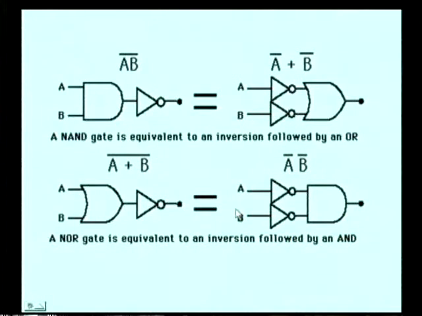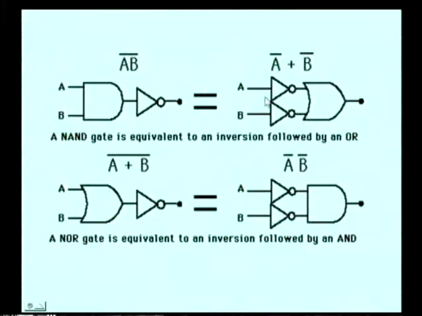So, based on these two theorems, we have realized the previous logic gates. We shall summarize these two theorems together. A NAND gate is equal to A bar ORed with B bar, and a NOR gate is equivalent to A bar ANDed with B bar. These are the universal gates and De Morgan's theorem.